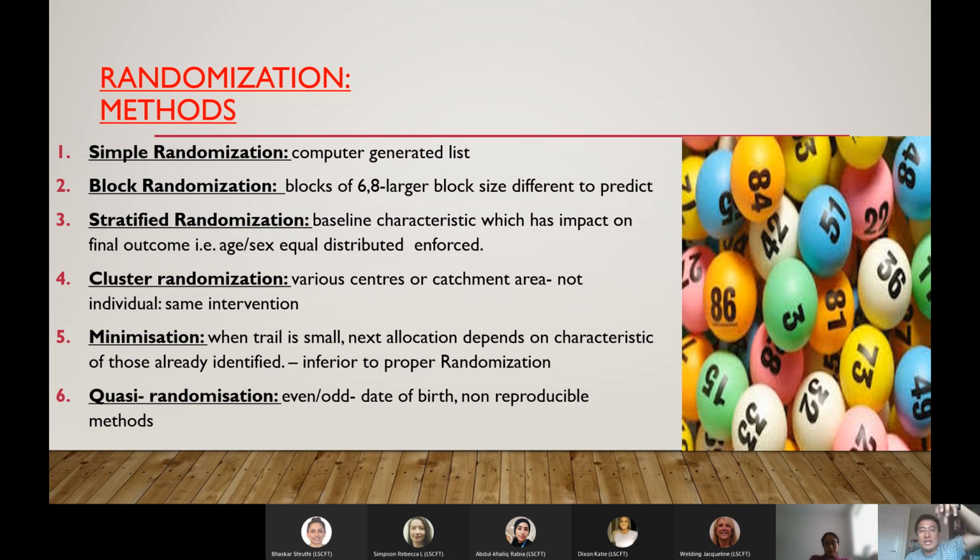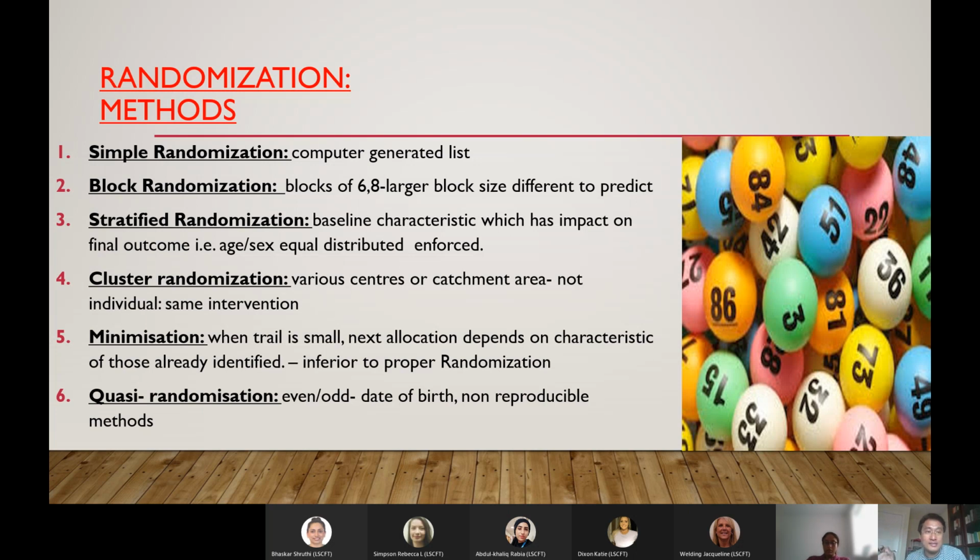So cluster randomization, can you give an example where cluster randomization is applicable? Different GP surgeries. Perfect. Okay, so any MCQs that come with GP, and if they ask which one of the 5 options the randomization is suitable: simple, block, stratified, minimization, quasi, or let us say cluster randomization, which option would you take? Cluster. Okay, so if they mention a computerized generator, this is simple. If they mention 6 or 8, block.